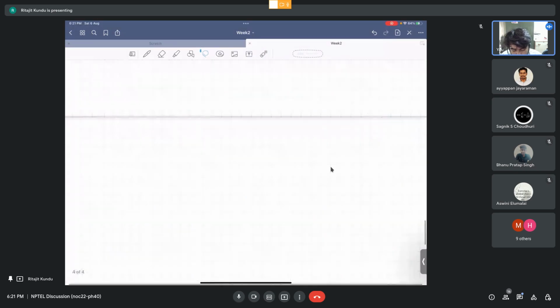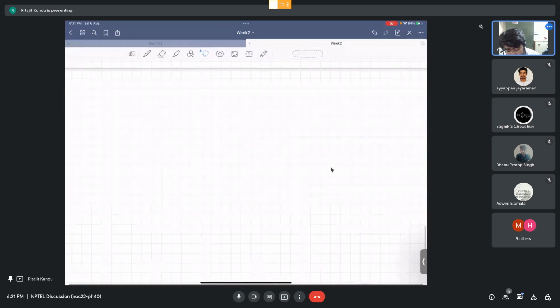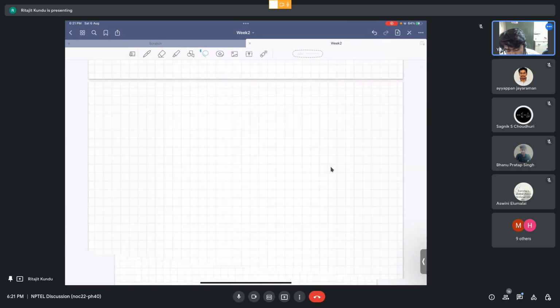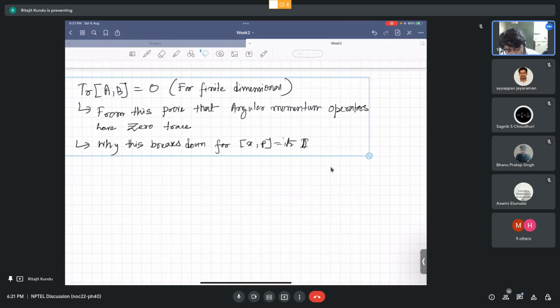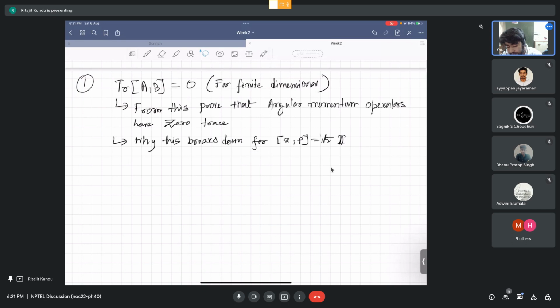Let me copy it into some free space. All right. What does the question say? We know that the trace of the commutator of A comma B is actually 0. How do you show this?